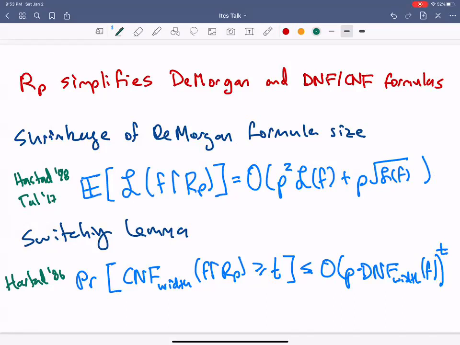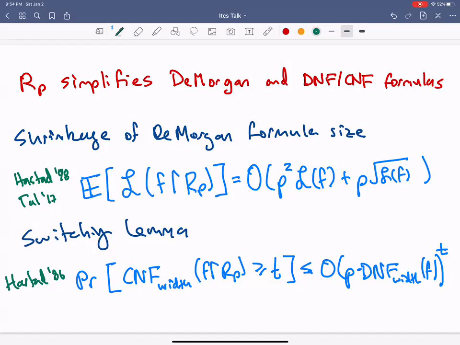You look at the expected leaf size of the formula of a Boolean function f under R_p, and this shrinks like p squared times the formula size of f. And when p is very small, it shrinks like p times the square root of the leaf size of f. To show a shrinkage of p times L(f) is trivial. So this p squared says you're shrinking faster than what you'd expect just looking at each leaf.